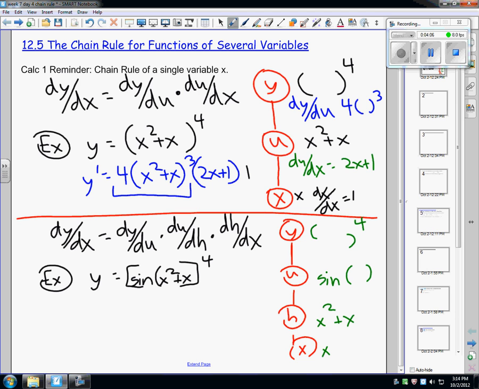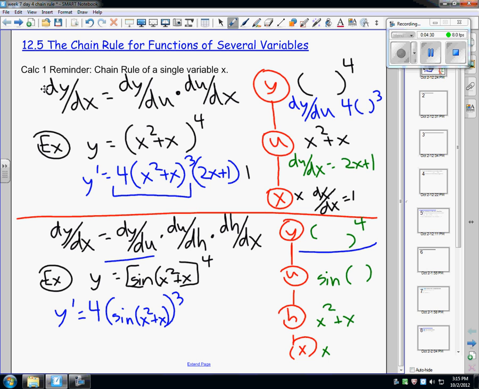So I have to go through each part of these chains by taking the derivative. The derivative of something to the fourth would just be 4 something to the third, and I keep that something the same. That, in a sense, was the dy/du.